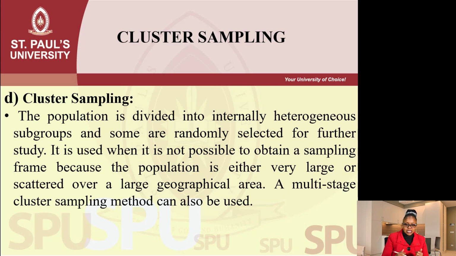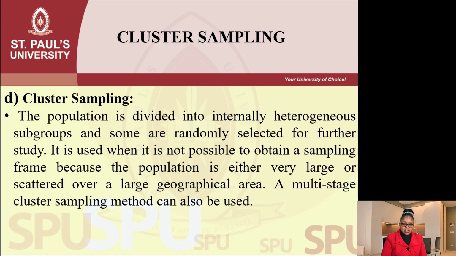When we talk about internally heterogeneous subgroups, you have the whole population here of, let's say, 100 or 200 people. Out of this population, you are trying to look at what could be different in this group. How can I classify them so that each group is different from the other?